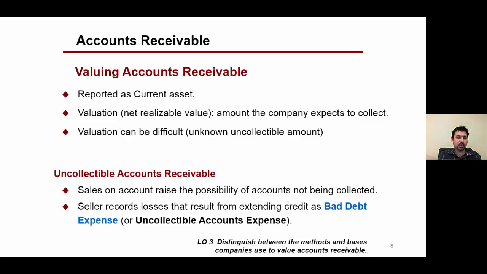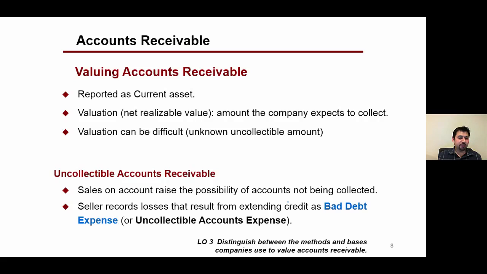uncollectible amounts. The company does not know upfront which customers will default and which customers will actually pay. As a result, the company cannot say for sure that 95% of the accounts receivable will be received. They can only estimate that. And the company will need to report on the balance sheet the net realizable value.